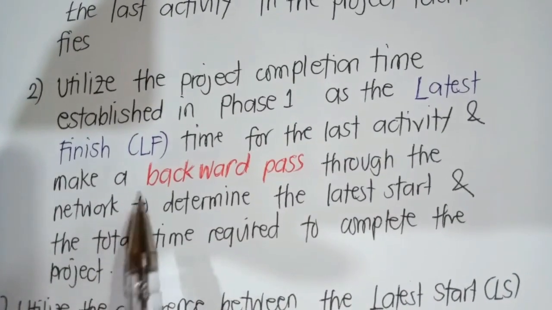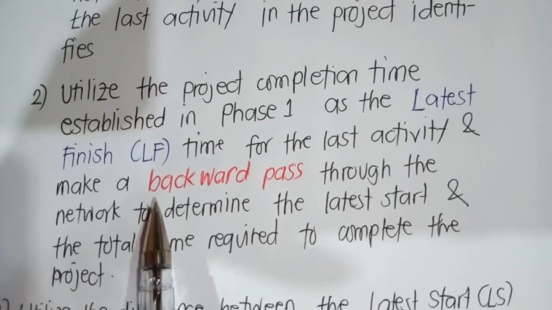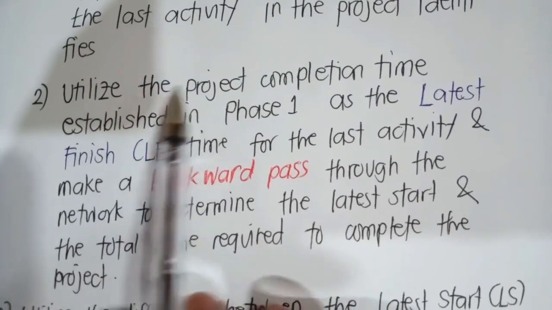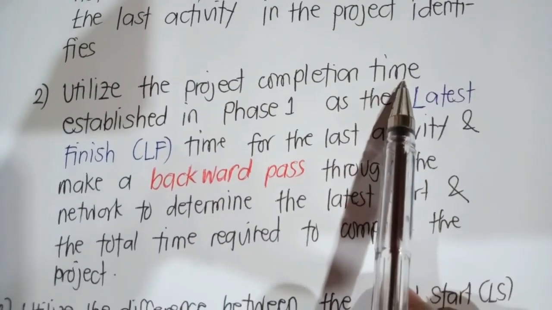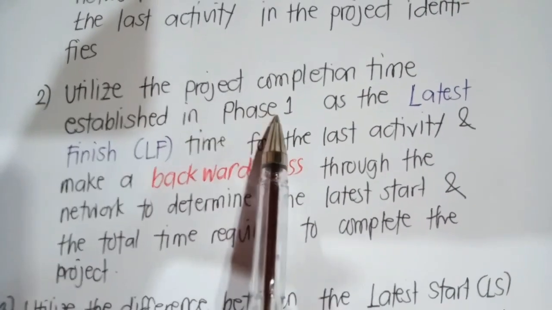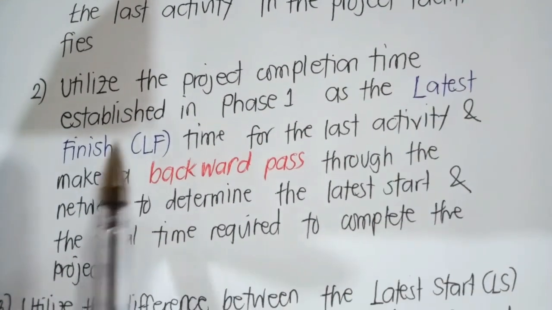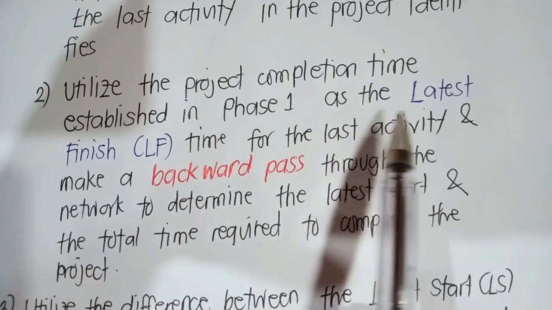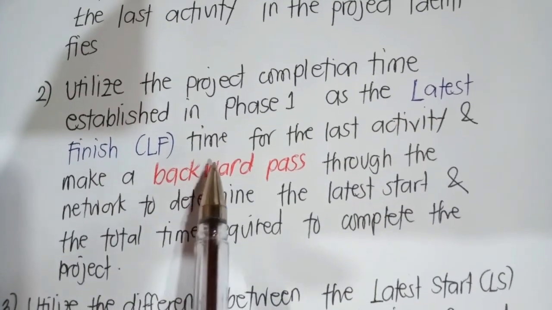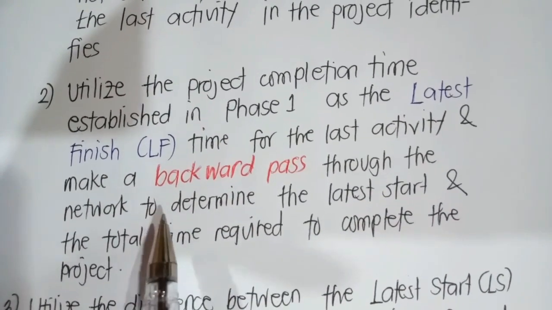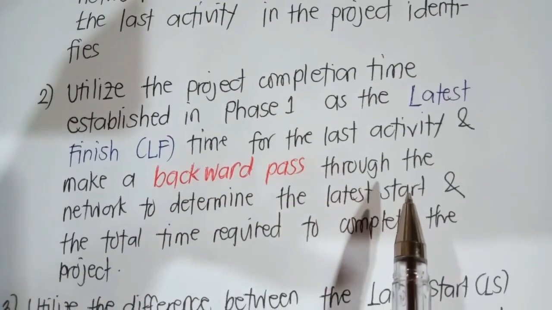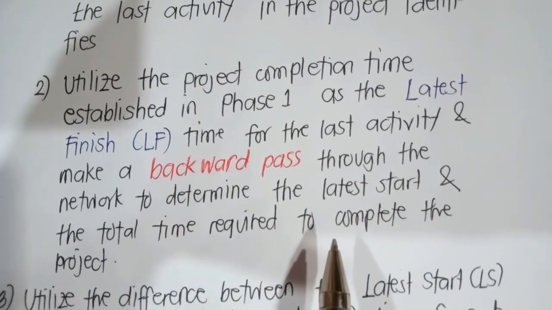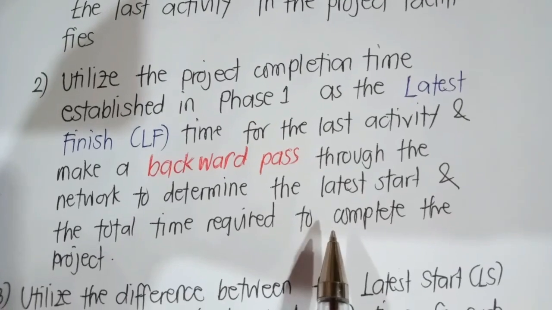The next phase in identifying our critical path: utilize the project completion time established in phase number 1 as the latest finish time for the last activity and make a backward pass through the network to determine the latest start and the total time required to complete the project.